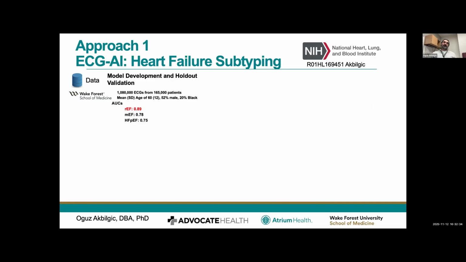When we started this project, Atrium and Advocate data were not in, so this is based only on Wake Forest data, but we used over 1 million electrocardiograms from 165,000 patients. We built an AI model that takes an electrocardiogram as input and gives the probabilities of having reduced EF, low EF, the same thing I highlighted in red, or mid-range EF or HFpEF.